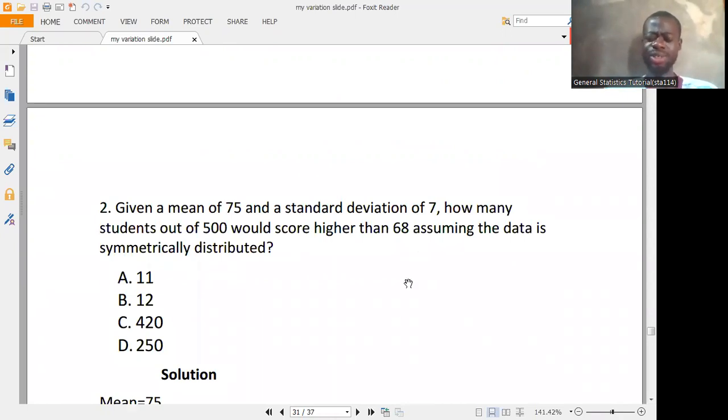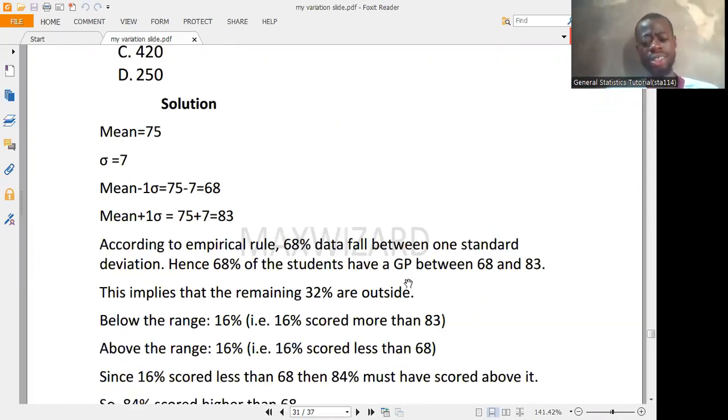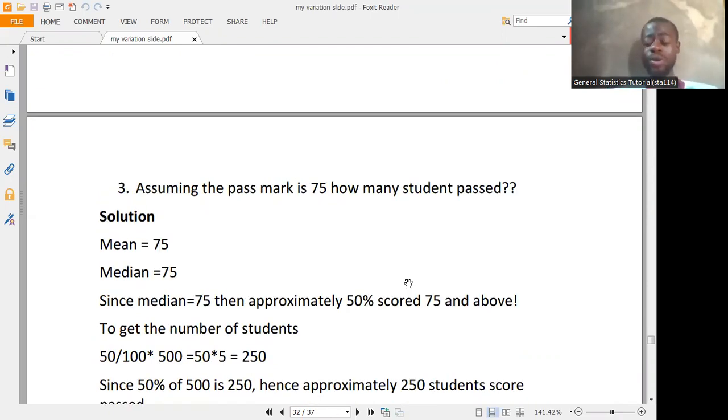Now the question is asking that if the pass mark is 75, we are indirectly saying that those people that score 75 and above, we are trying to calculate the percentage of that. But that is not all. We also need to get the number of people, because the question is asking how many students pass, not the percentage. If the question were asking for the percentage, we would know, but this question is how many.